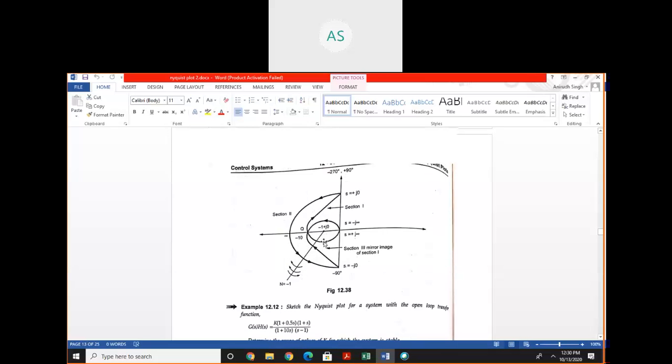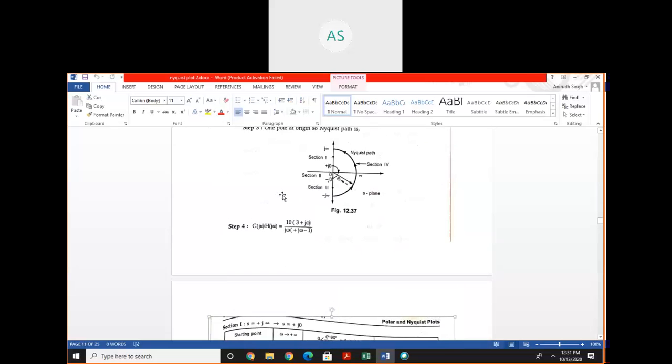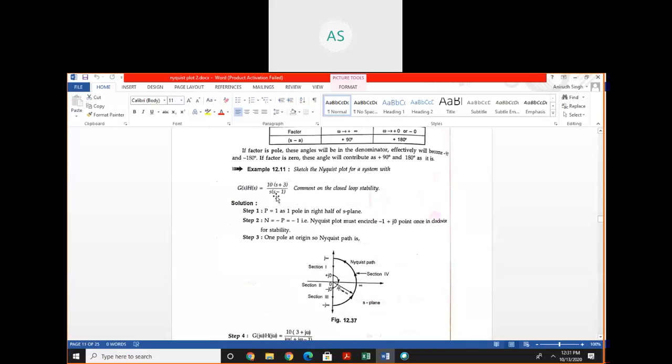It means this Nyquist plot encircles minus 1 plus j0. How many times? This is clockwise, so clockwise is minus 1, anti-clockwise is plus 1. It means N is equal to minus 2 plus 1, which is equal to minus 1.